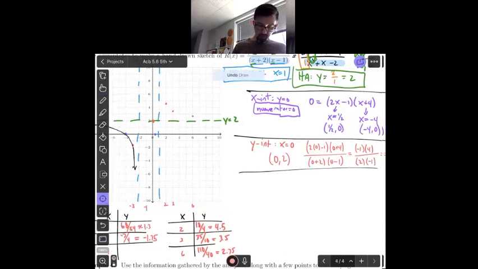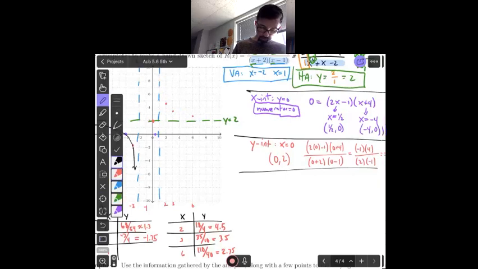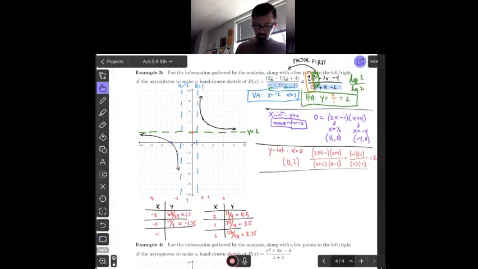And you start to see the curve, right? It's going to move along the horizontal asymptote, curve up along the vertical, just drawing this shape here. So it looks pretty much like a hyperbola there, right?